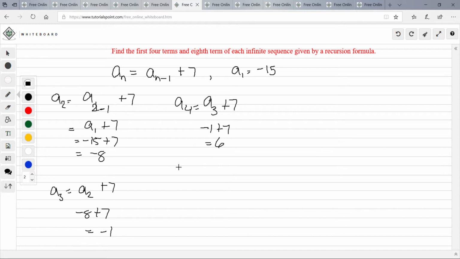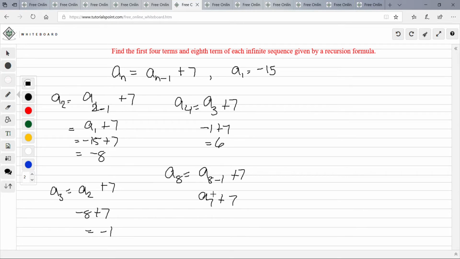And then we need to find the 8th term. Okay, so this one's a little bit tricky. We cannot find the 8th term directly because if we use 8 as the n, it'd be a sub 8 minus 1, so a7 plus 7.